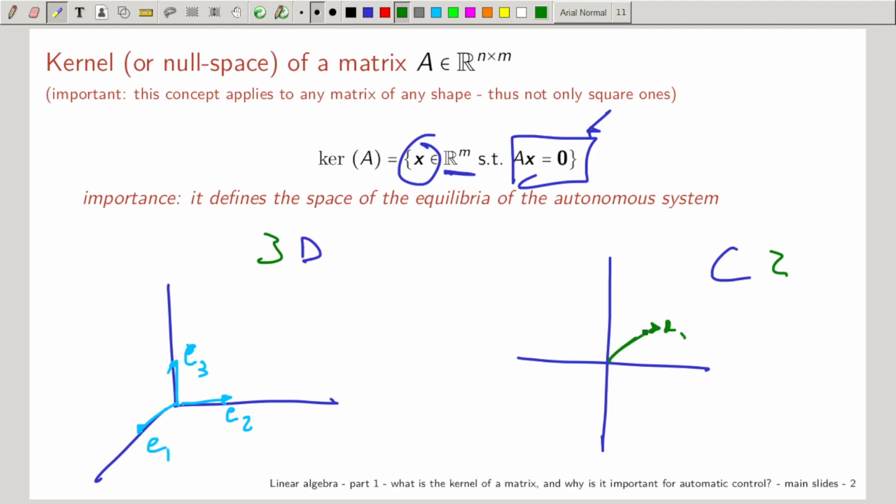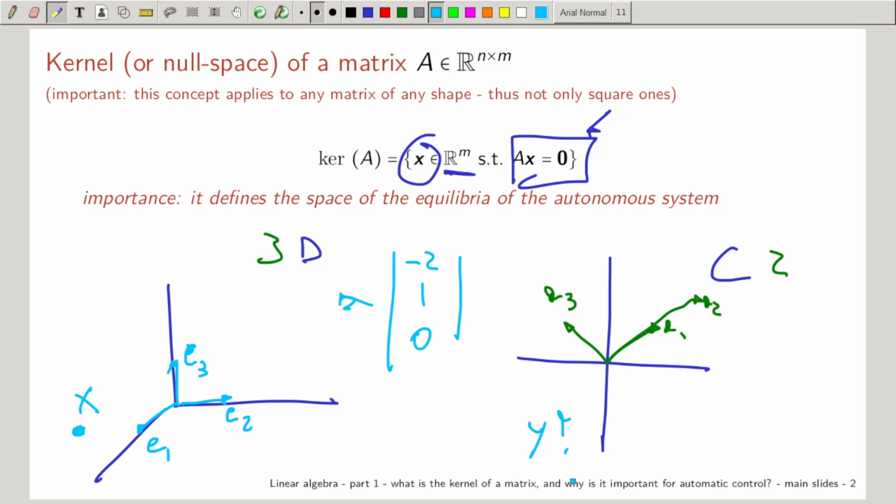Let's pretend that I have this one. A1, A2, A3. Now, this A2 is double A1. If I take -2, 1, 0 in the domain, this point here, this x here, where will it be? Discuss.